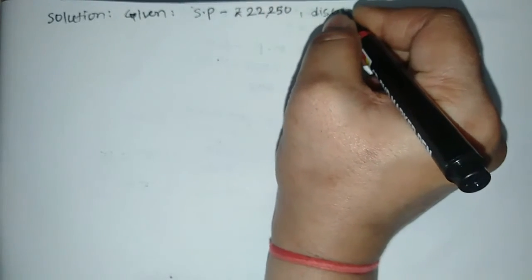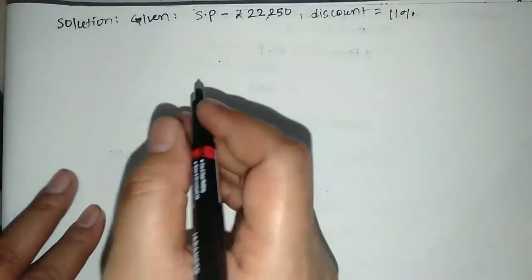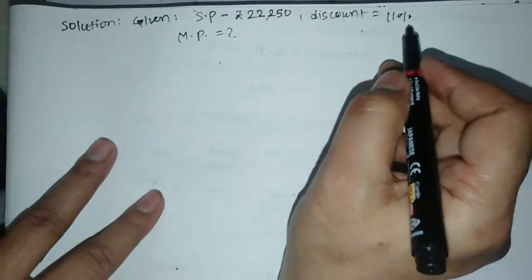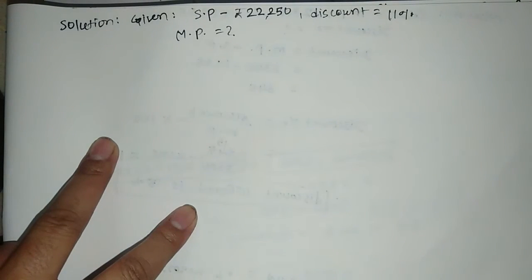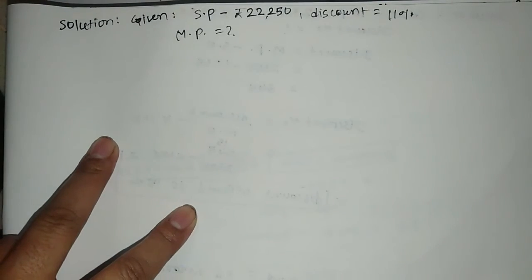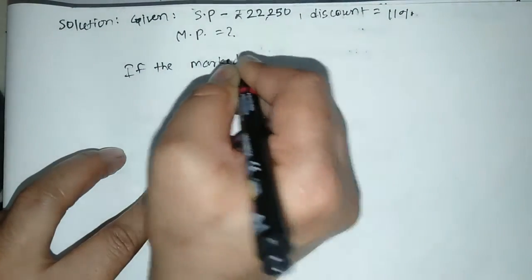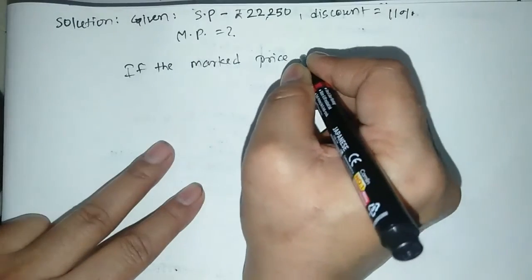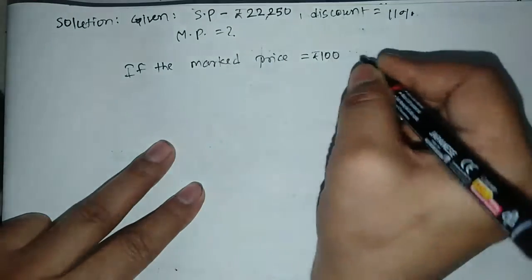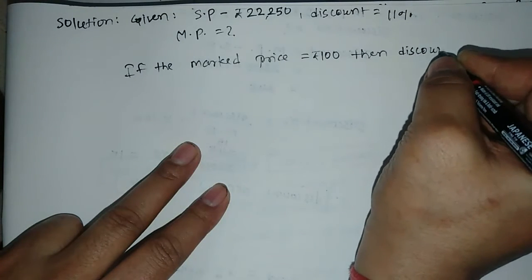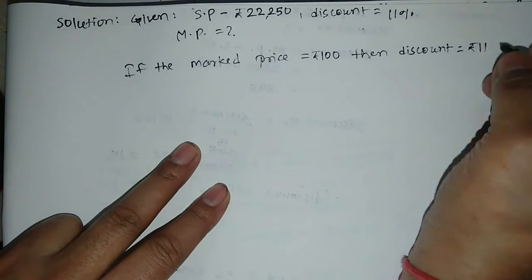Discount is given in the percentage. Discount is equal to 11%. And what is asked? Mark price. So when the discount is given in the percentage, it means if the mark price is equal to 100 rupees, then discount is equal to 11 rupees, correct?